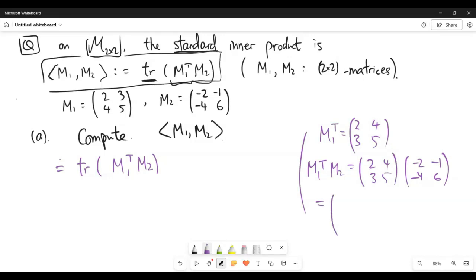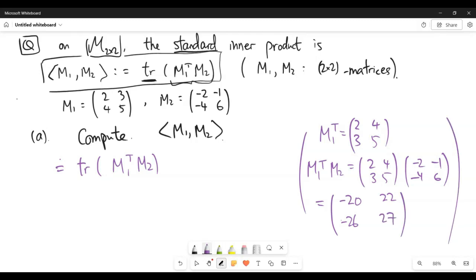If you do it properly, I think the answer would be minus 20 for the first spot and 22 for the second spot, and the next spot minus 26, and then the last one will be 27.